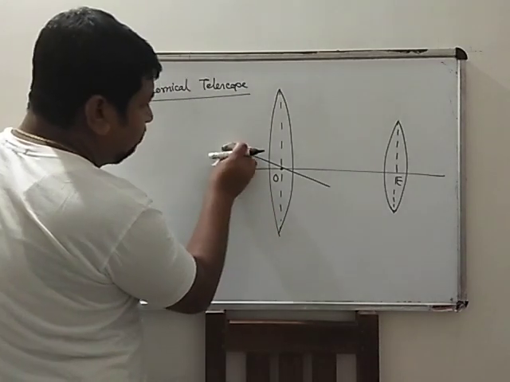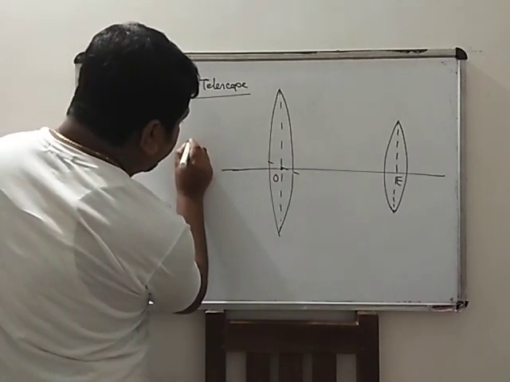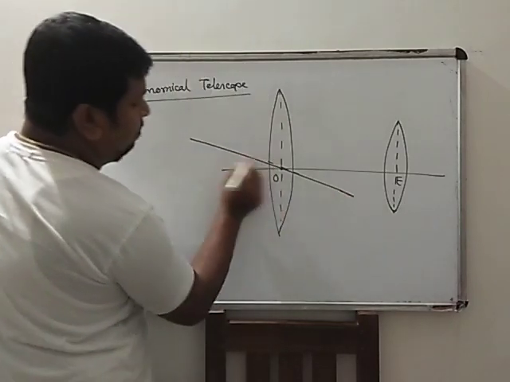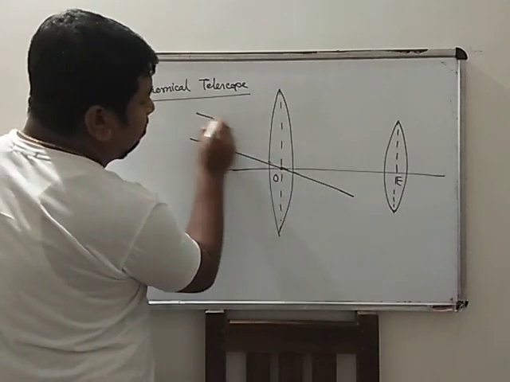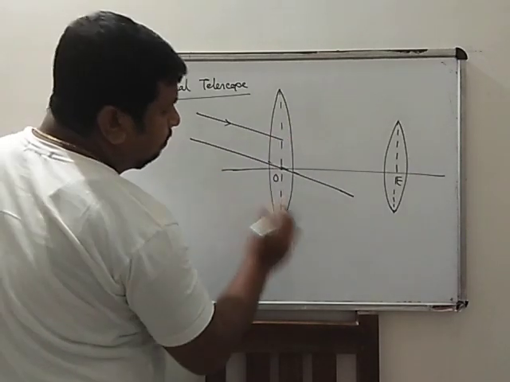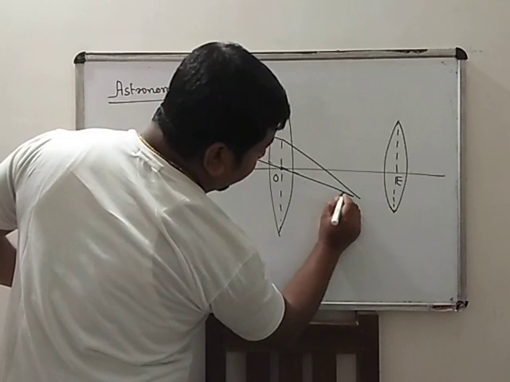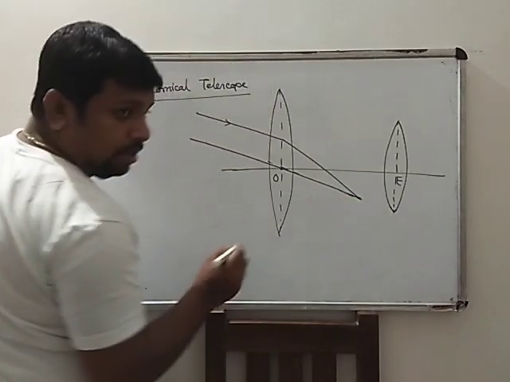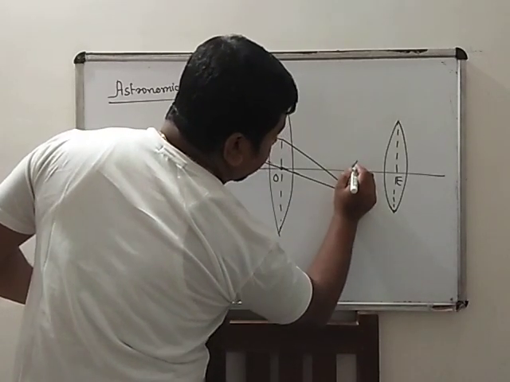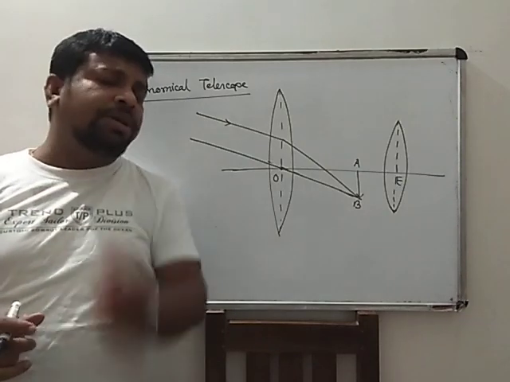One ray passes through the optical center. Converging beams of light coming from the object at infinity are incident on the lens. After refraction they converge and meet at a point, where a real image is formed. Suppose this is the real image AB.